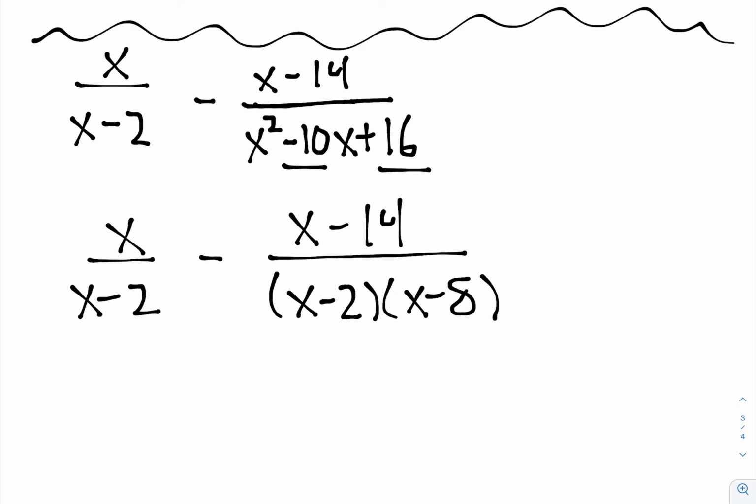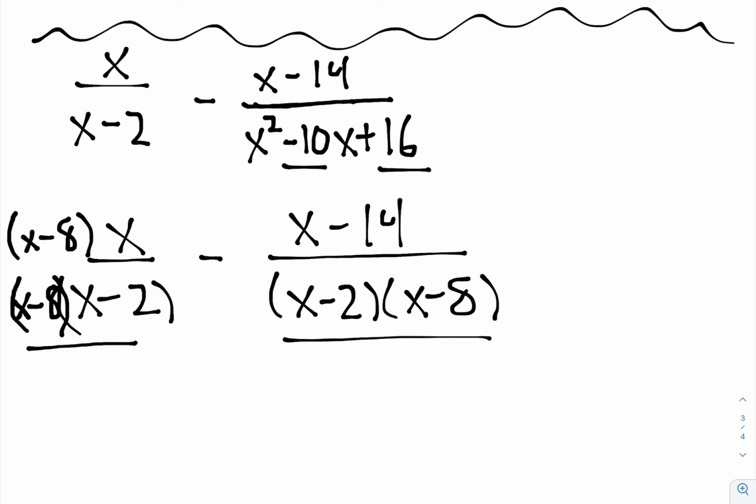So in order to make the left side have a common denominator with the right, we have to find the lowest common denominator, right? So if we multiply the x minus 2 by that x minus 8, on the top and the bottom, then that will give us that common denominator of x minus 8 times x minus 2.